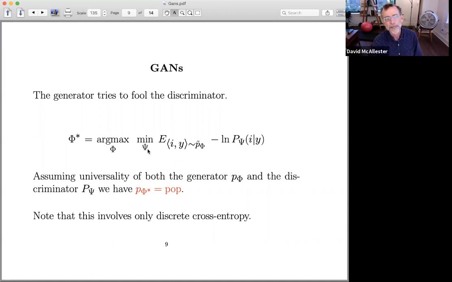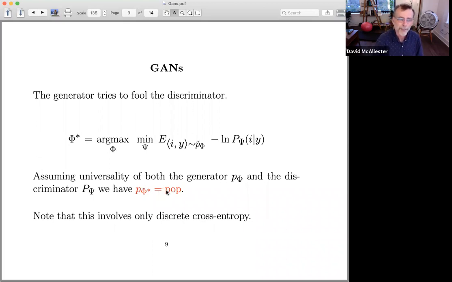So if we take this objective function and assume that the discriminator is always trained to optimum, then the optimum of this, if we assume universal expressiveness for the generator, is the population distribution.